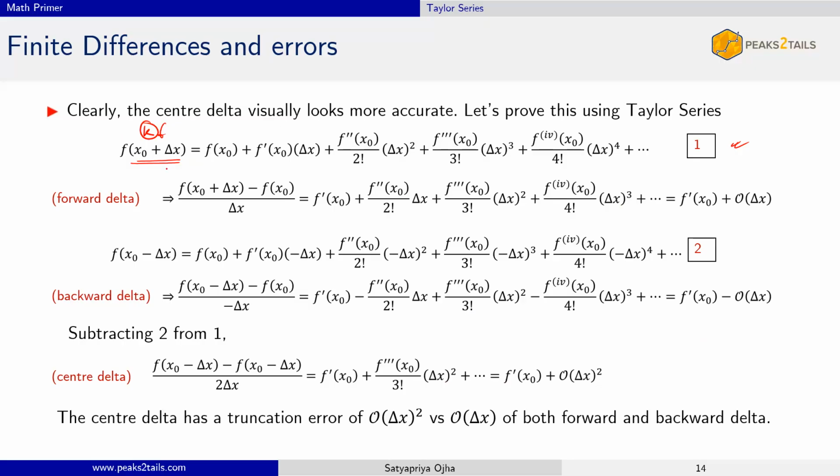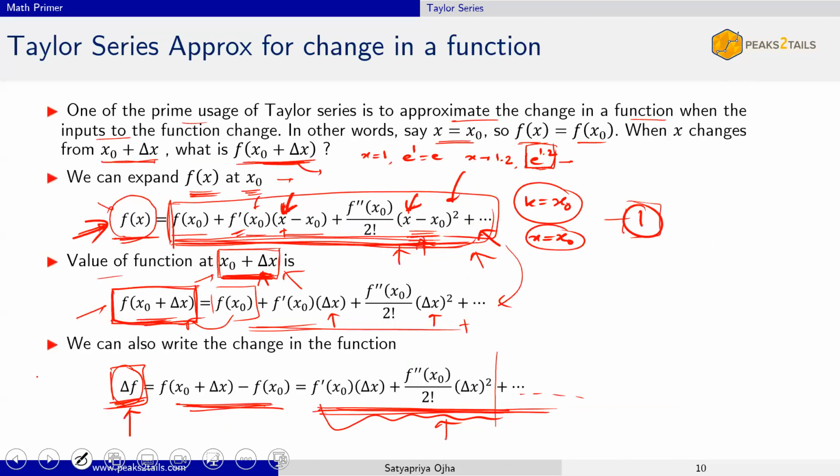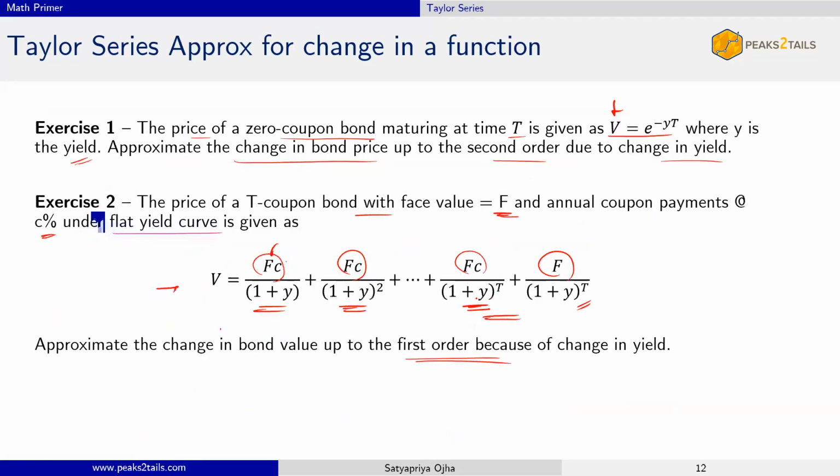Let me not confuse this one. Let's go back to the change equation, the expression we derived: f of x0 plus delta x is f of x0 plus the derivative at x0 times delta x, and so on. I'm using the same expression here.